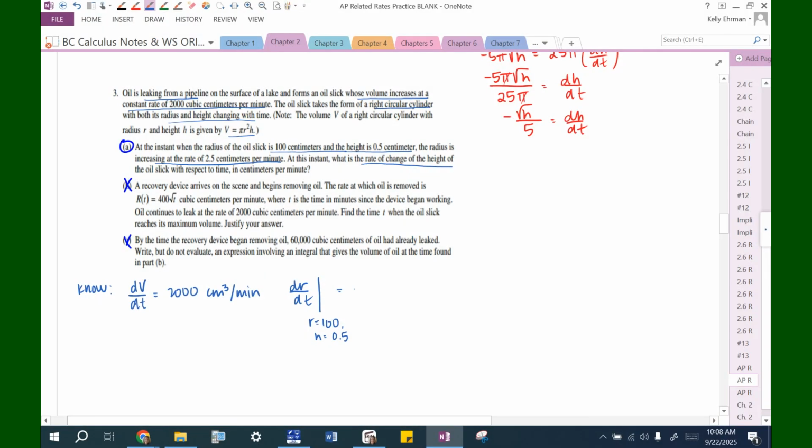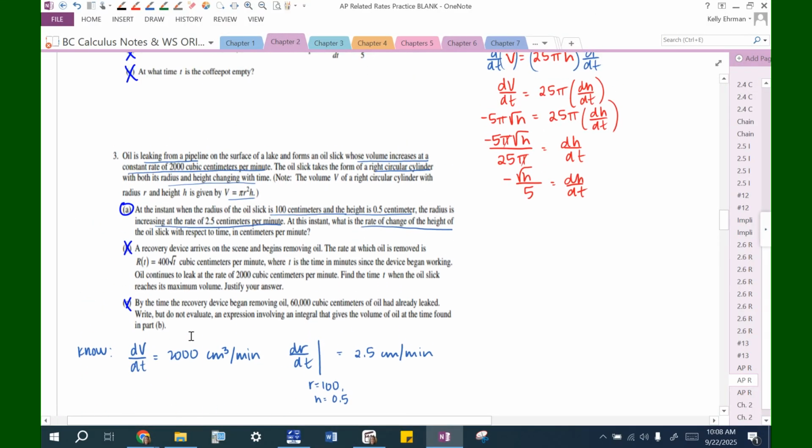I know that dr/dt is increasing, so positive 2.5 centimeters per minute. They're asking me to find dh/dt when, again, r equals 100 and h equals 0.5. All right, so I have dr/dt and dV/dt. They want me to find dh/dt.